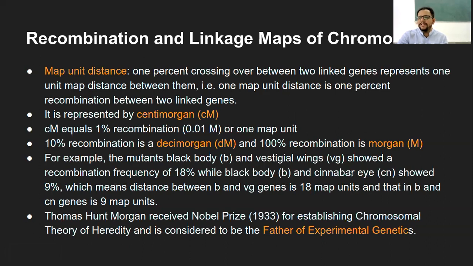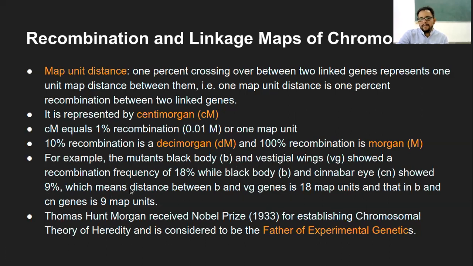Cinnabar eye is nothing but the red eye phenotype. So the black body and cinnabar eye genes are 9 map units away from each other, while the black body gene and the vestigial wing gene are 18 map units away from each other.